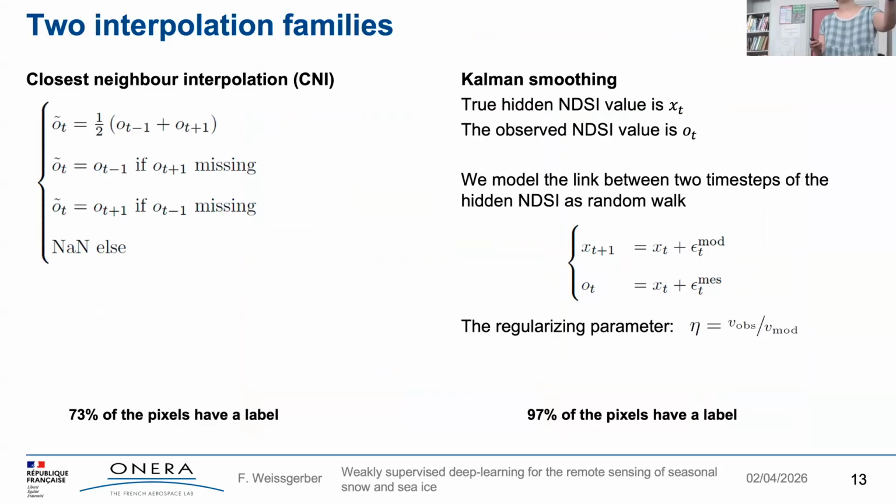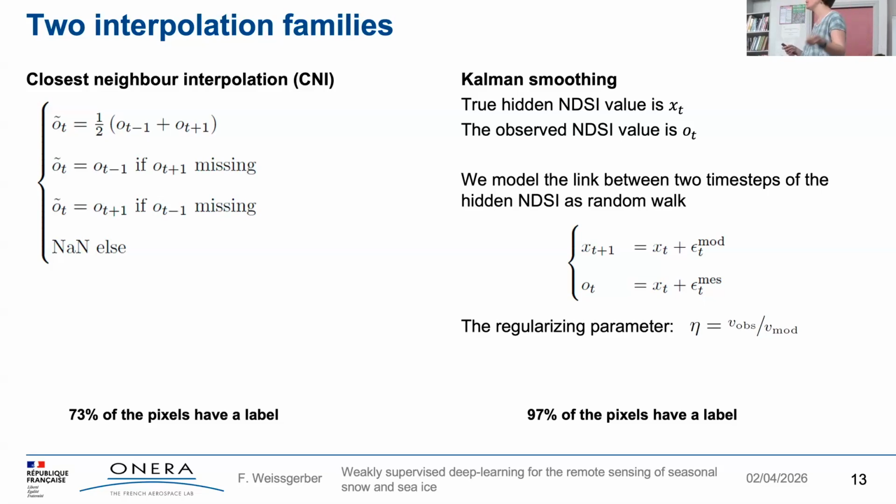The closest neighbor interpolation that is generally done on MODIS data. So basically you just do a linear interpolation between 2 dates if you have just 1 day of gap. And if you have more days of gap, you only add one information just at t+1 or t-1. So that's one first interpolation.